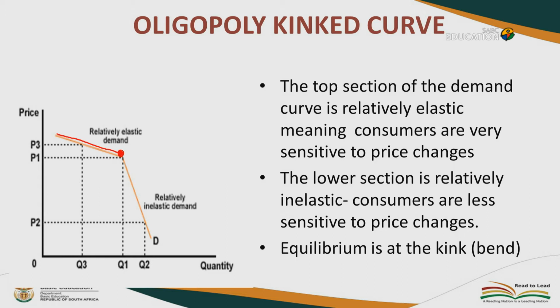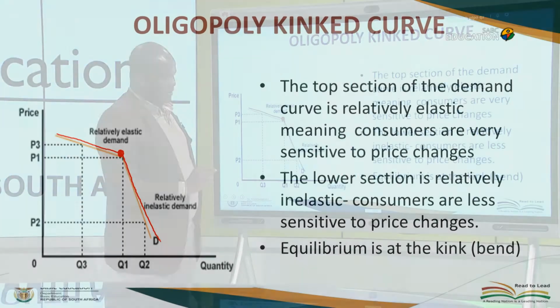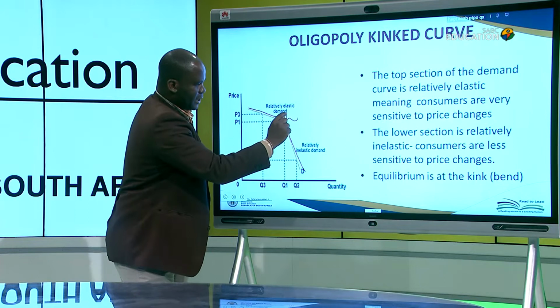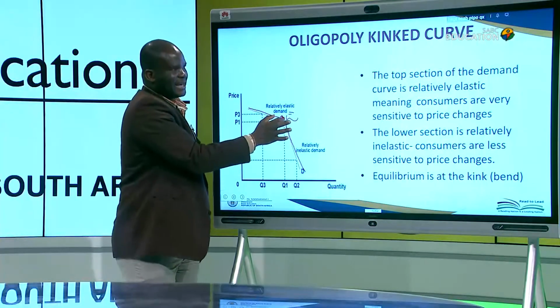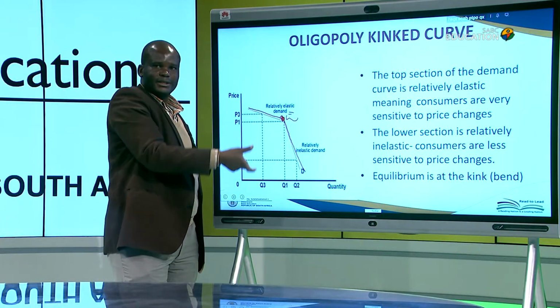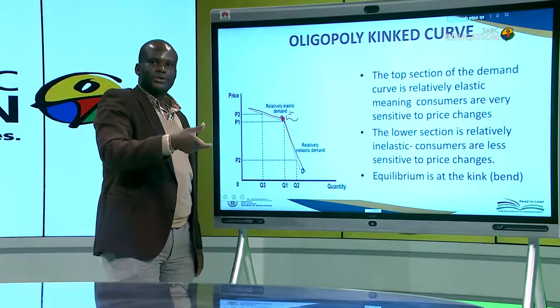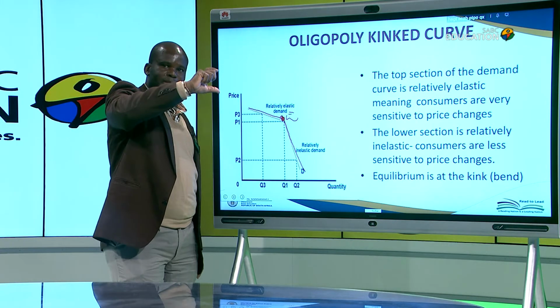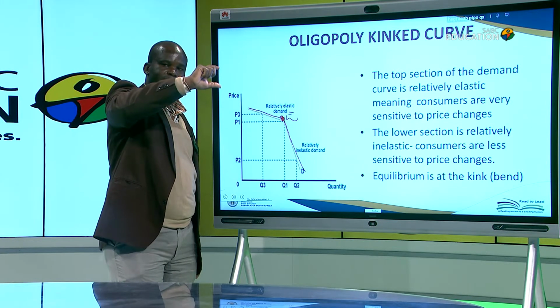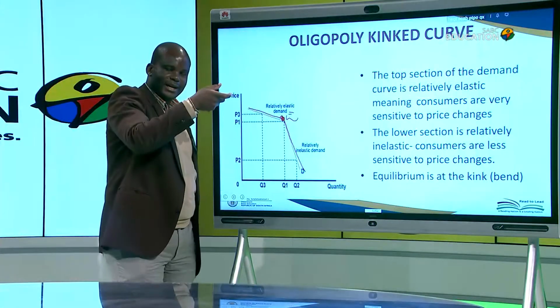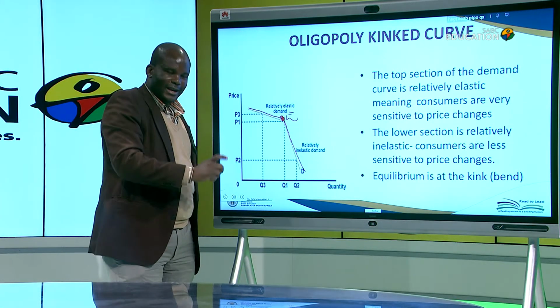Then from there, it changes slope to become relatively inelastic. Where these two sections meet becomes our equilibrium. That is the kink, hence the name kinked demand curve. The upper section is relatively elastic. The lower section is relatively inelastic.